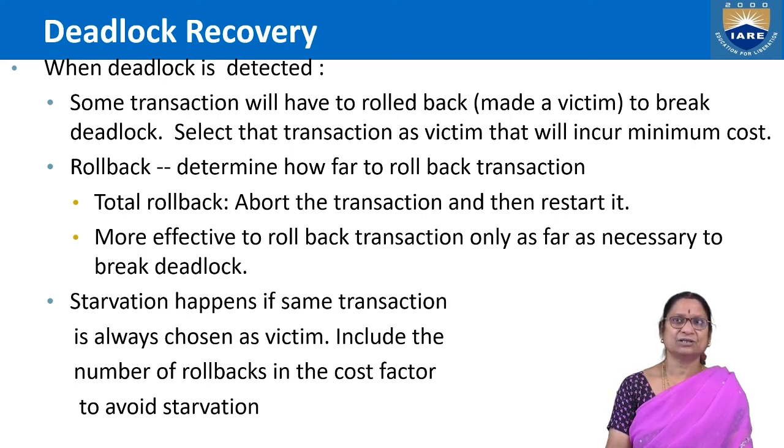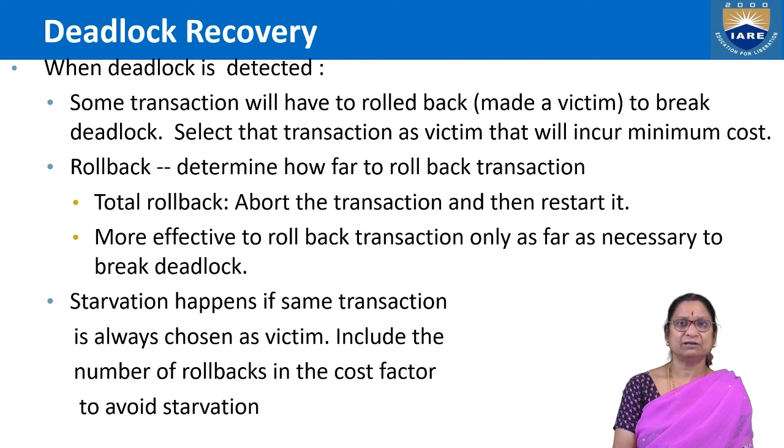Select as a victim the transaction whose restarting incurs minimum cost. Such transactions generally will be selected by the deadlock recovery manager, so that those are rolled back and the deadlock state can be broken.